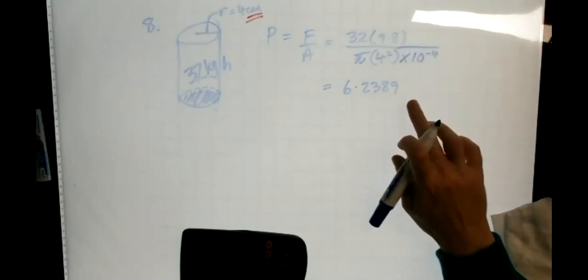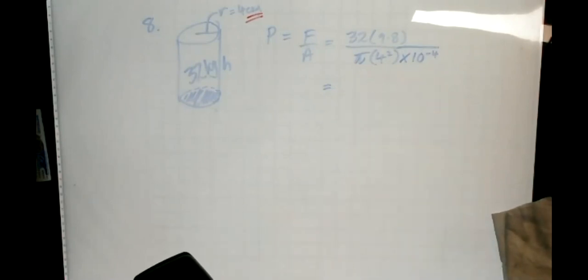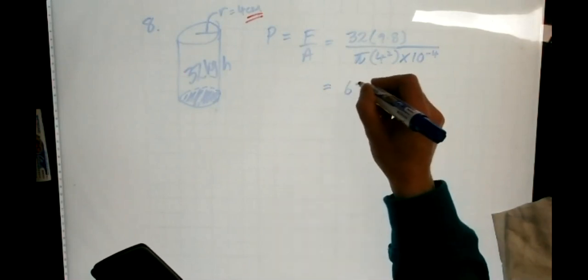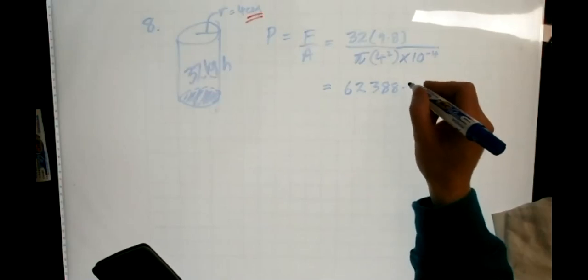So it reads 3 times 9.8 divided by pi times 4 squared times 10 to the power of -4, in brackets, giving an answer in pascals.